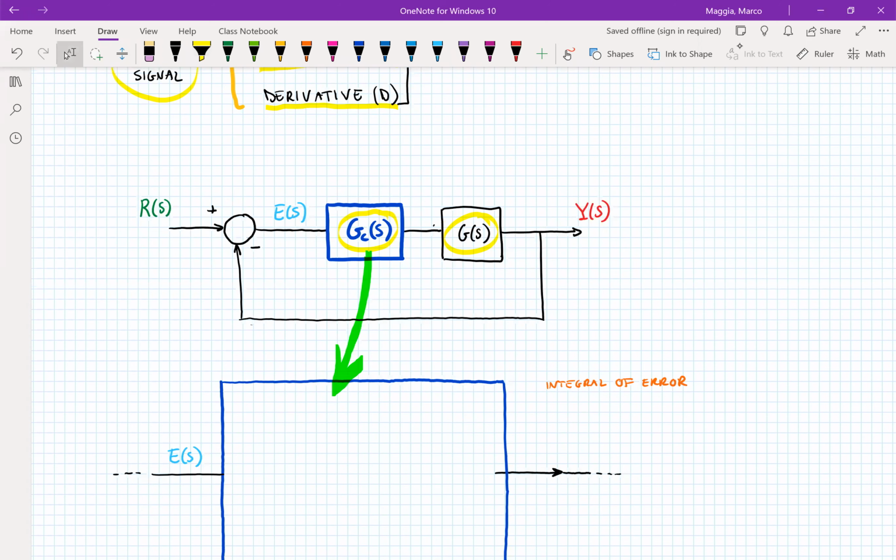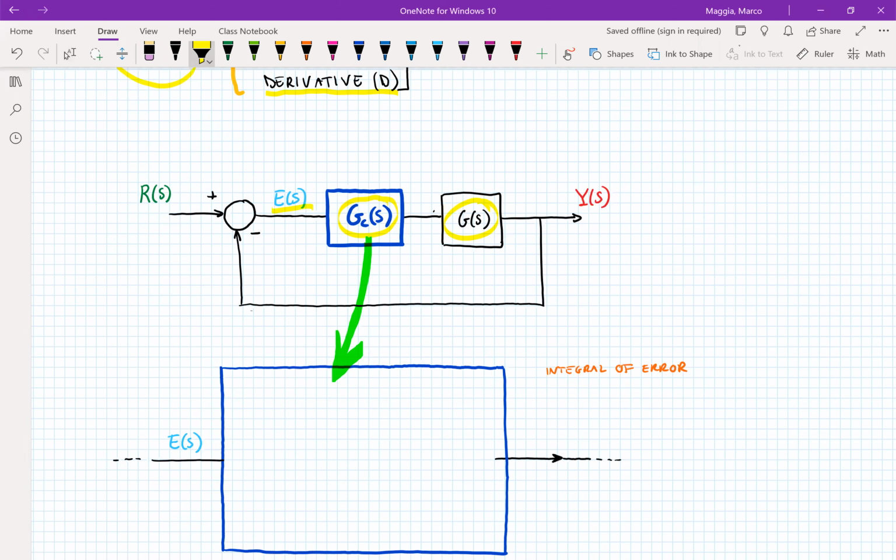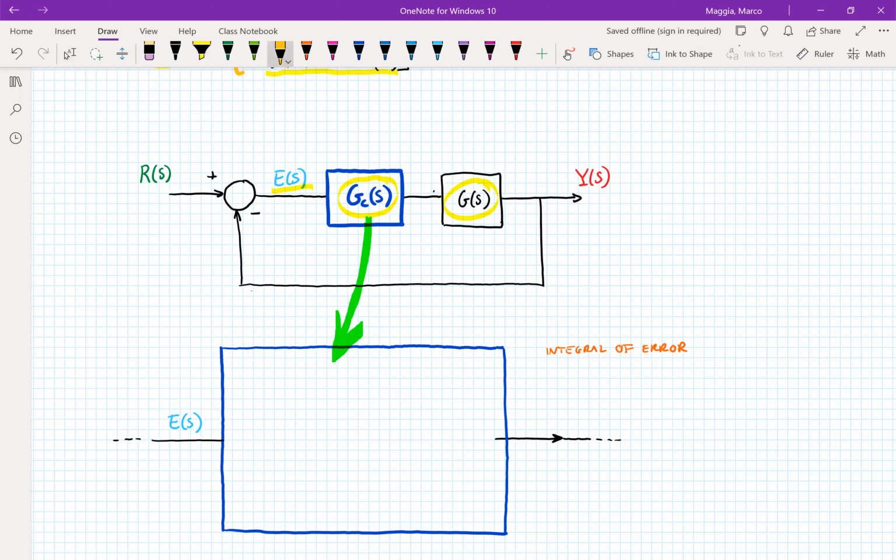So before the controller, the signal that is the input of the controller block is the error itself. So let's see how this error is taken and converted to the control signal. The control signal is whatever comes after the control block. So that is the signal that becomes the input of our plant.